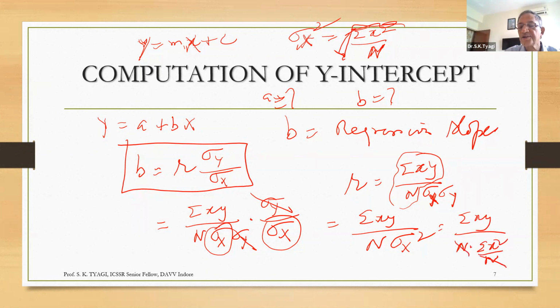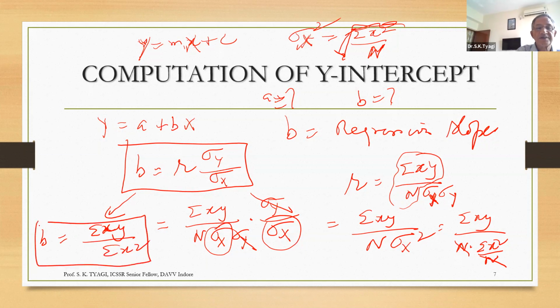So n is cancelled, and we have sigma xy upon sigma x square. So this is the regression coefficient. This formula for the regression coefficient turns out to be b is sigma xy, that is the product of the two deviations, divided by the sum of x square. This is another formula. So we have four formulas.